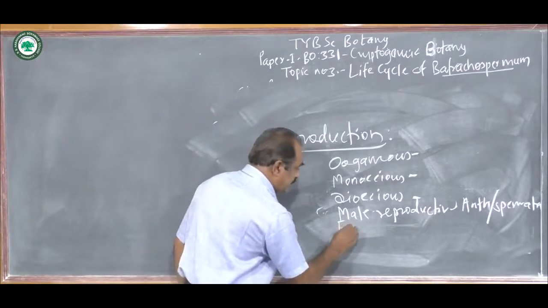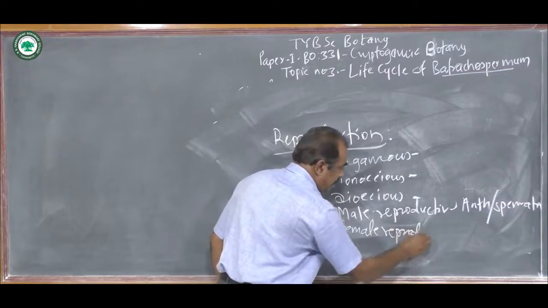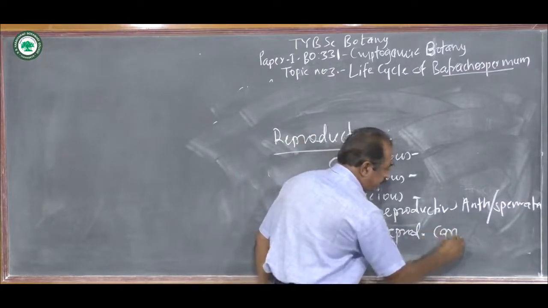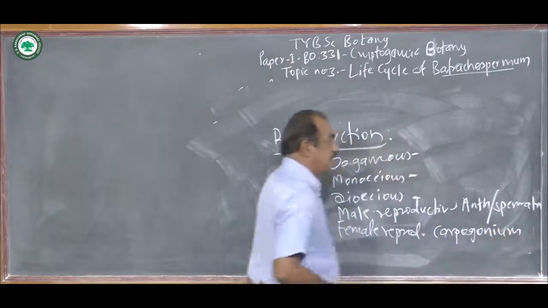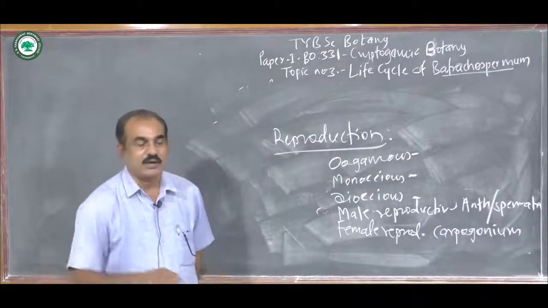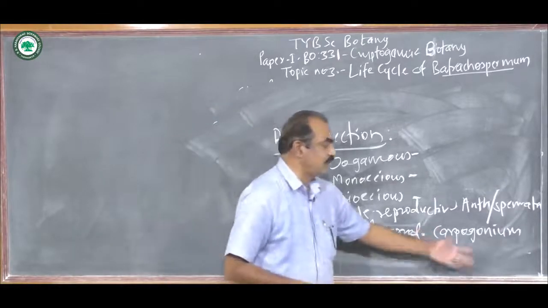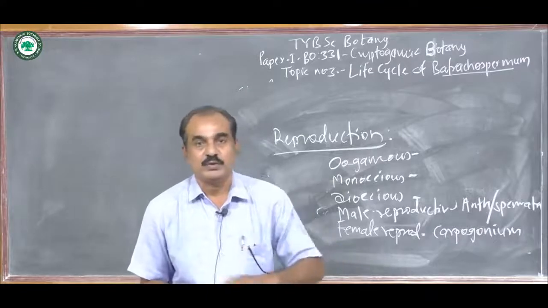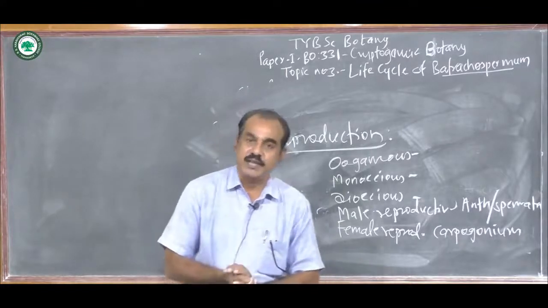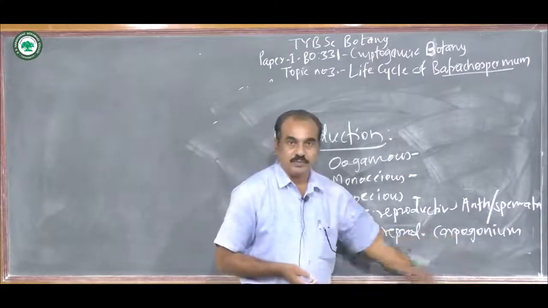While the female reproductive structure is called the carpogonium. It is a specially developed structure on a special branch. It has a trichogyne at the upper side, and toward the lower side there is a circular bulbous egg. So this is the female reproductive structure called the carpogonium.